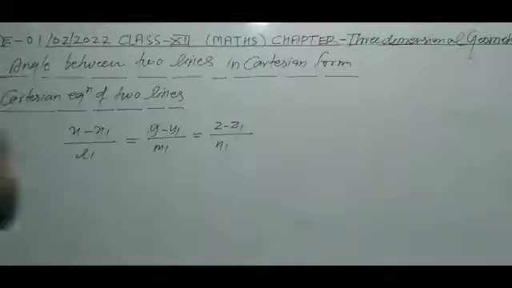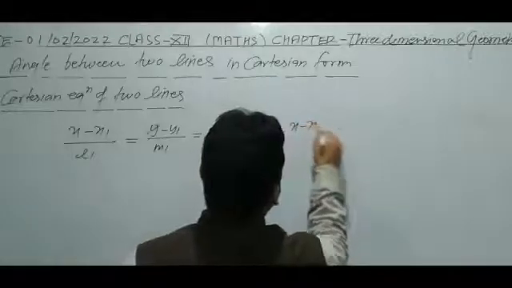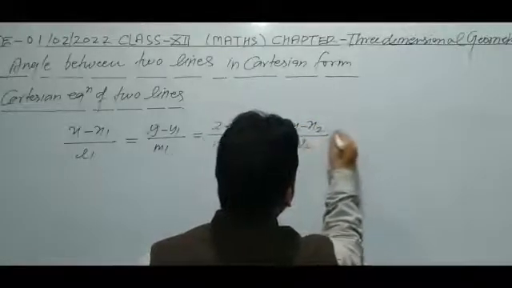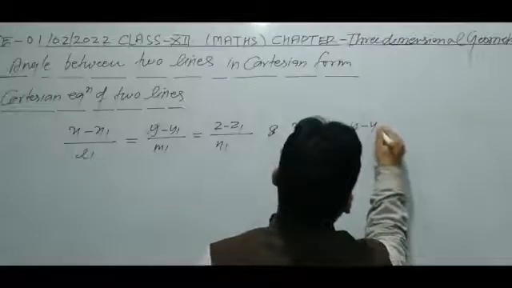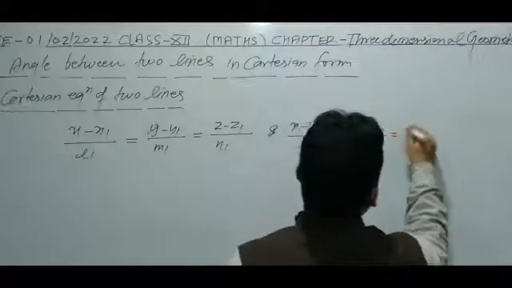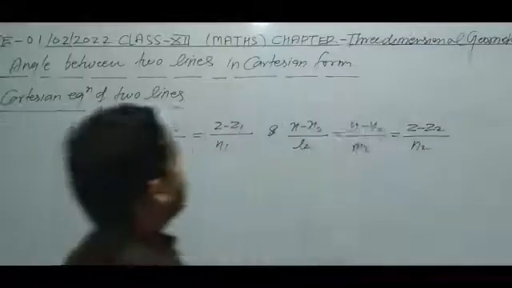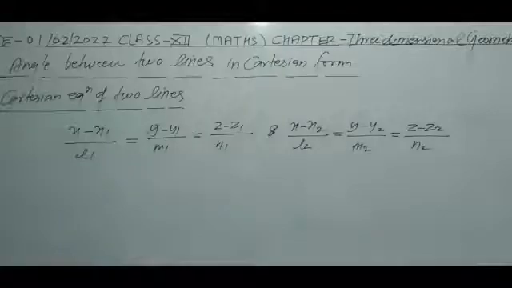And the second equation is (x minus x2) upon l2 is equal to (y minus y2) upon m2 is equal to (z minus z2) upon n2. This is the equation of a line in Cartesian form. So there are two equations, and suppose we have to find the angle between the two lines.